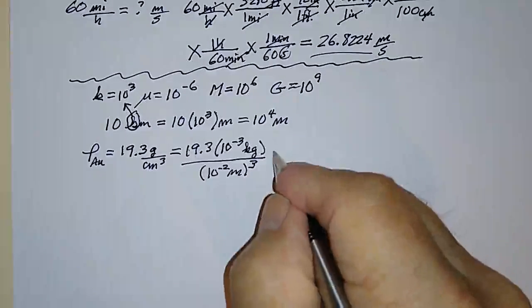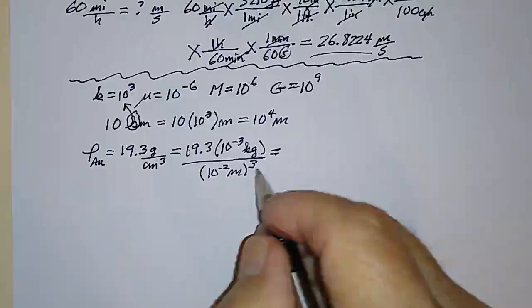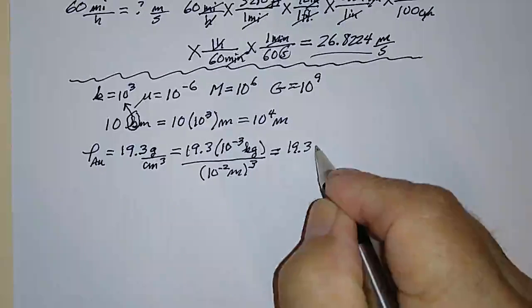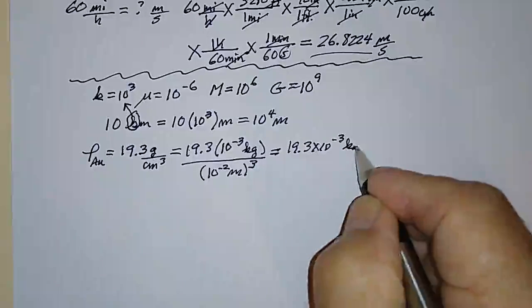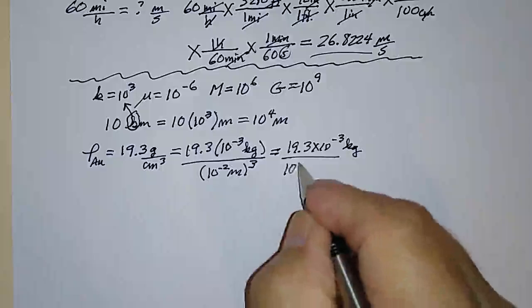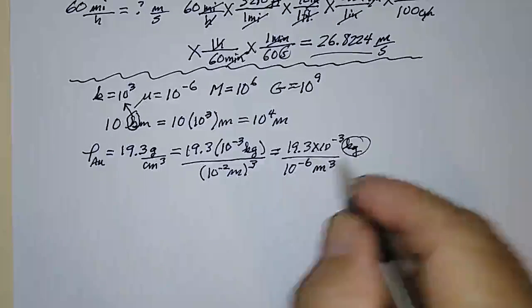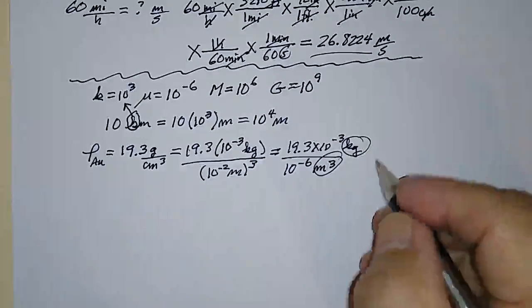So that when you do the arithmetic, you get 19.3 times 10 to the minus 3 kilograms, and then down here we have 10 to the minus 6 meters cubed. So we have the units that we're after. It's just a matter of completing the arithmetic.